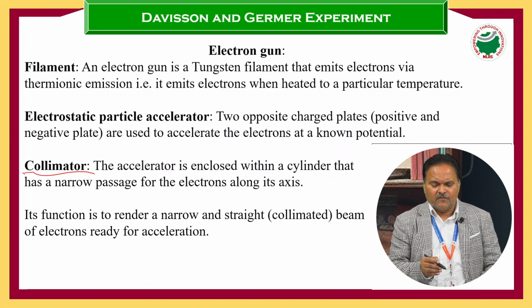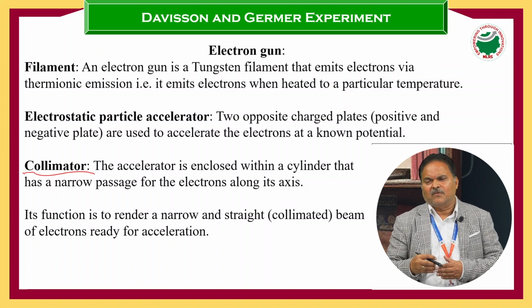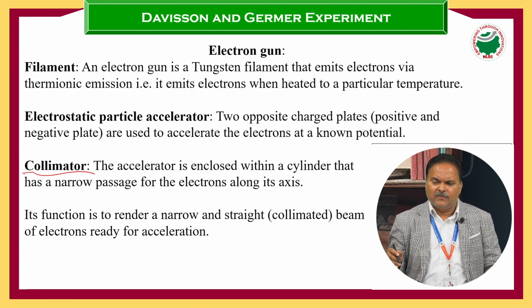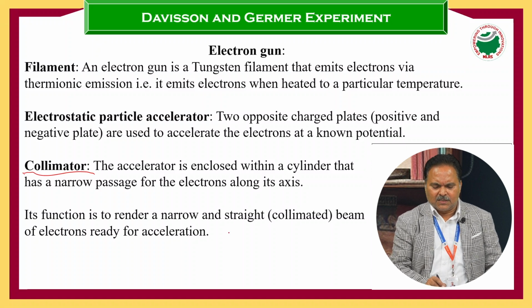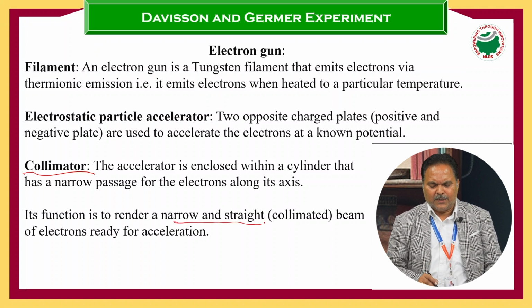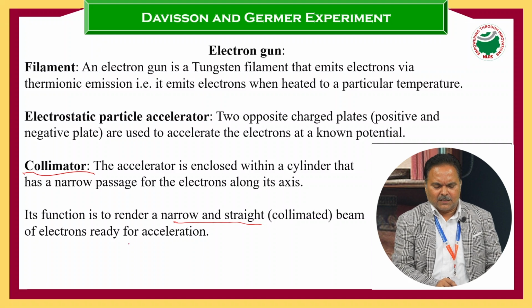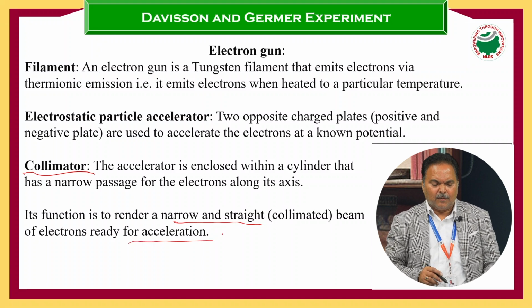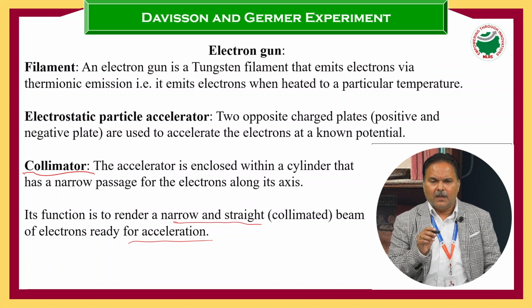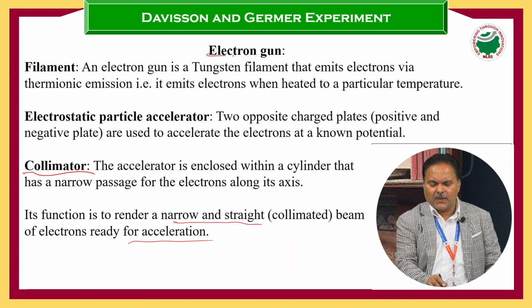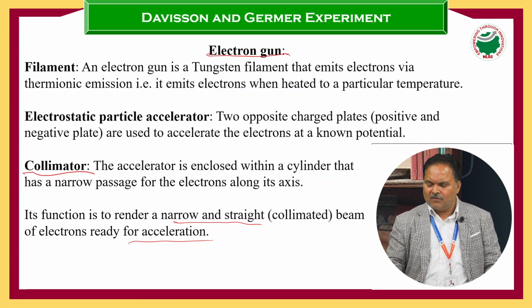As the electron beam passes through, it cuts the excess ones, so only a small thin layer of the electron beam comes out of the collimator. That is a straight and narrow collimated beam. All of these are related to the electron gun. It contains the filament, the high potential difference application source, and then the collimator. So that is the one part.